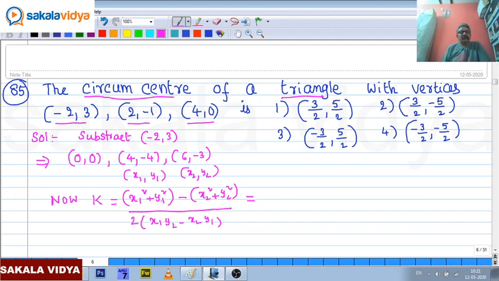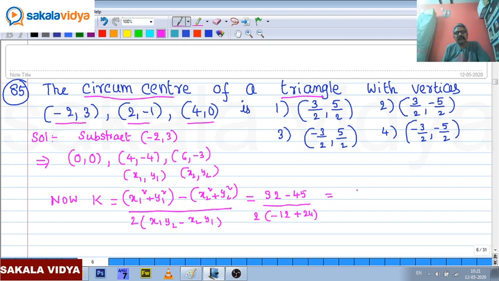x1 square plus y1 square is 4 square is 16 minus 4 square is 16, 32 minus 36 plus 9, 45, upon 2 times x1 y2. x1 y2 means minus 12 minus x2 y1 plus 24 plus 24.